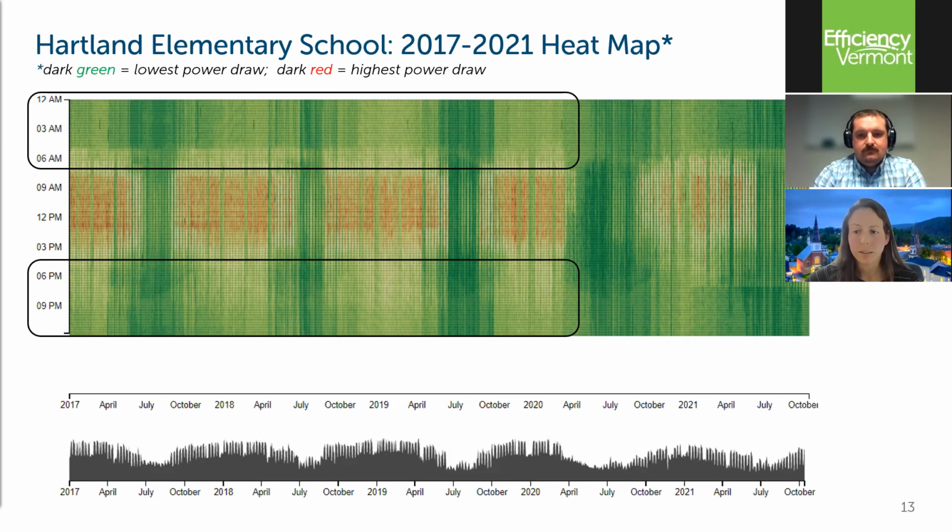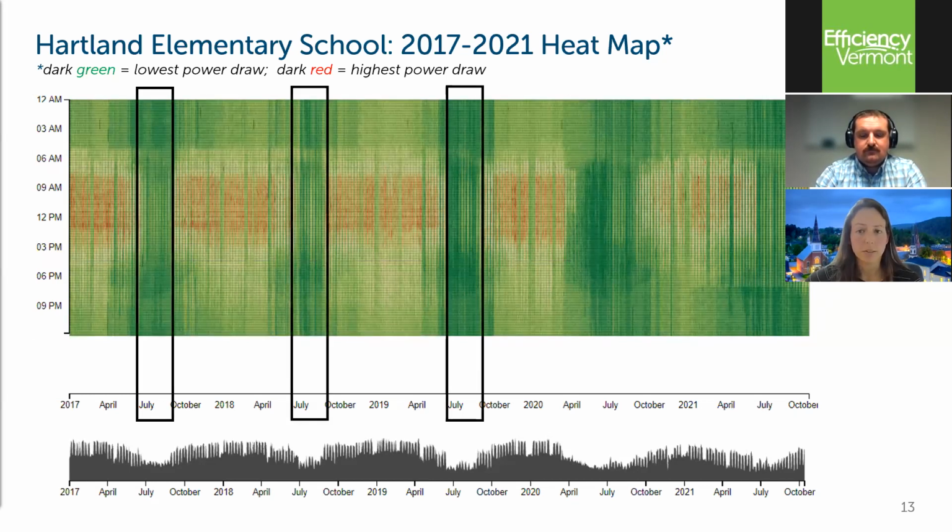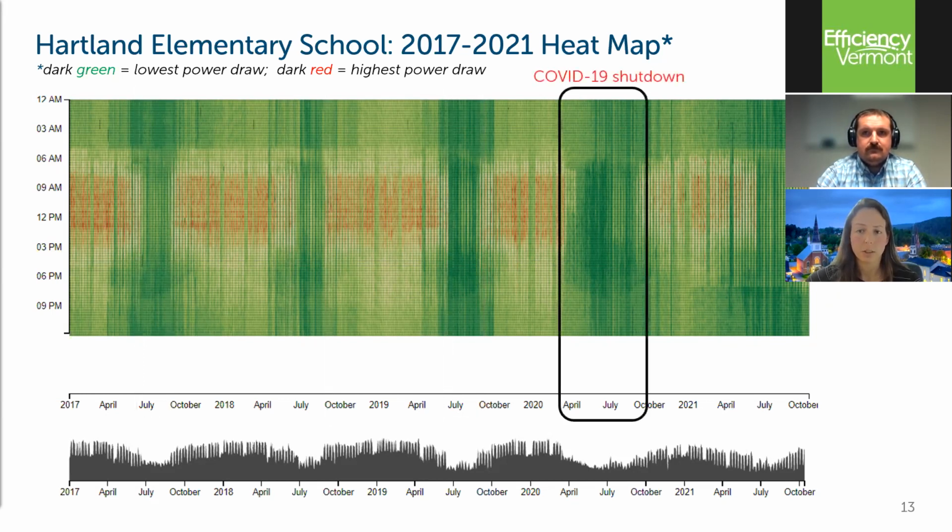And then the green bars along the timeline right here match up with summertime when school is out of session. The large green section over here with low energy use is the beginning of the pandemic, when school shut down in March of 2020 and stayed closed until the start of the fall semester in 2020.